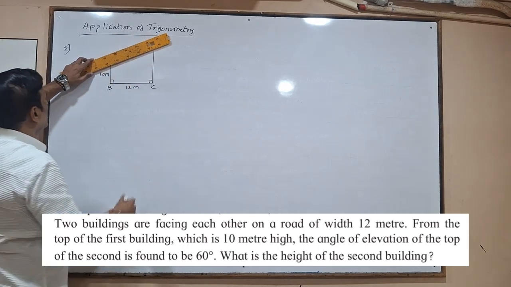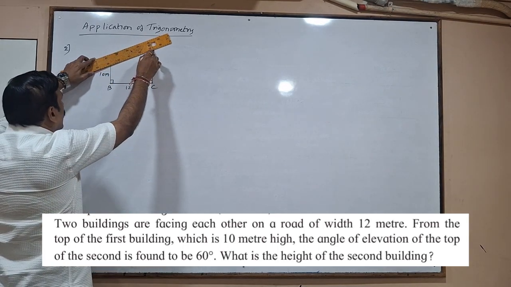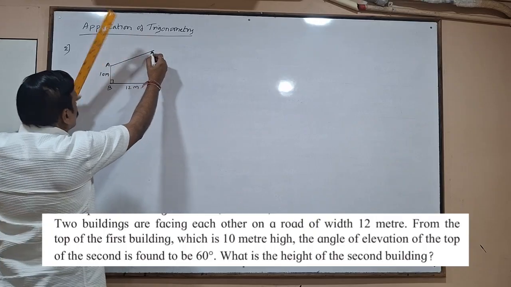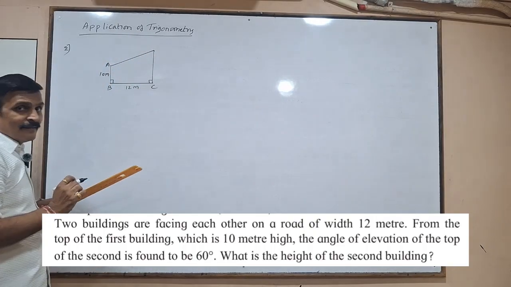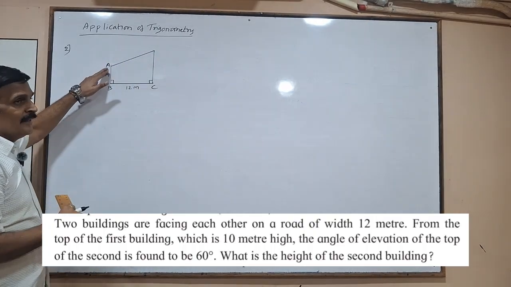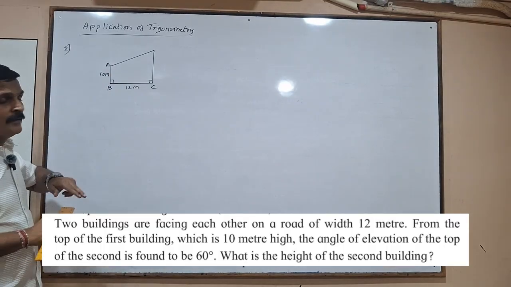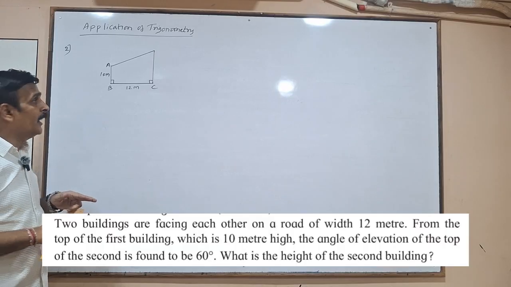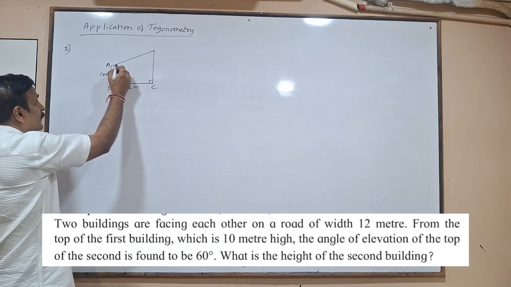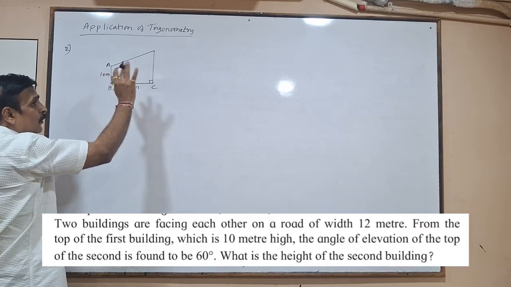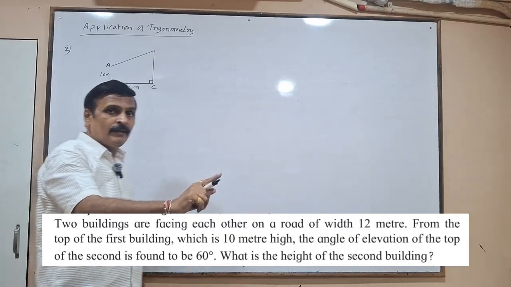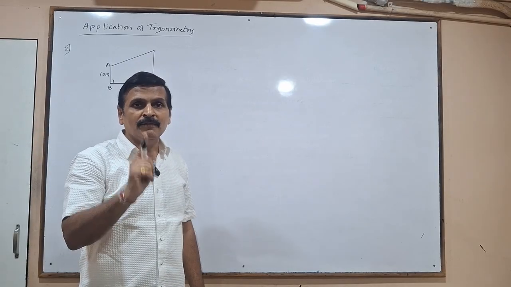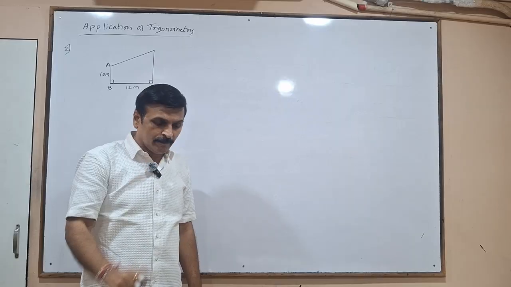Now, obviously elevation means I can draw this line. But for A, I require a line of vision. Then only I can mark an angle of elevation there. I can't mark the angle with respect to this. It is wrong. Please remember again, the angle is with respect to the line of vision.